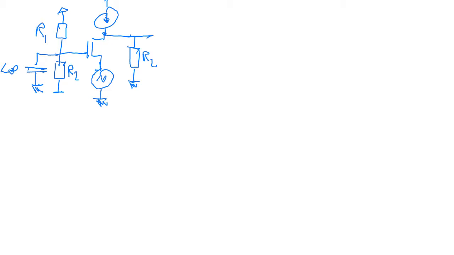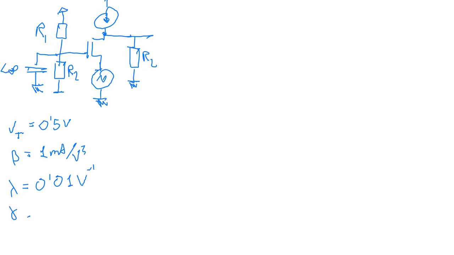We know that the threshold voltage is 0.5 volts, beta is 1 milliamp over volt squared, lambda is 0.01 volts to the -1, gamma is 0.36 volts to the 1/2.